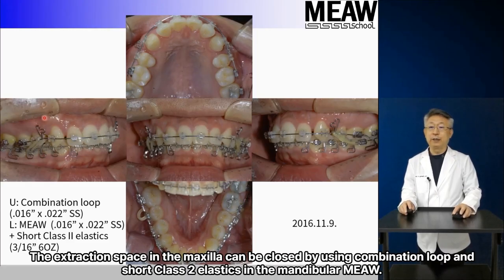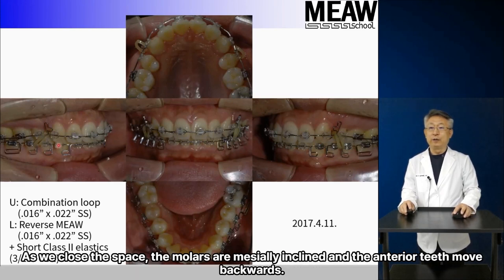The extraction space in the maxilla can be closed by using combination loop and short class 2 elastics in the mandibular mio. As we close the space, the molars are mesially inclined and the anterior teeth move backwards.